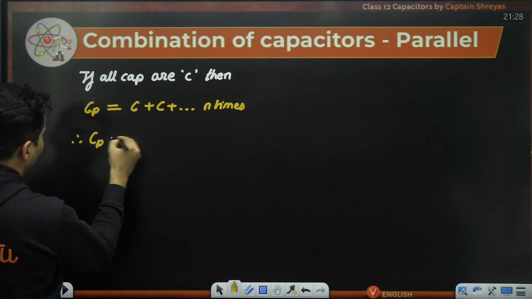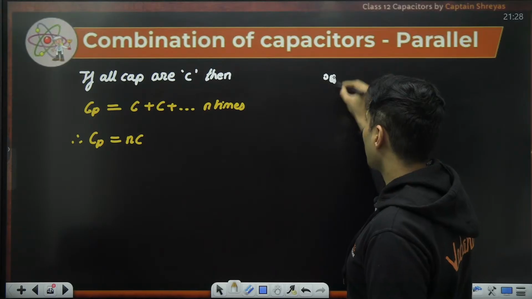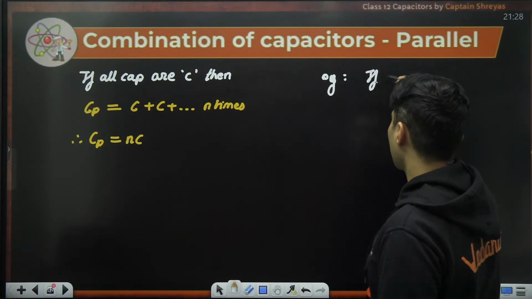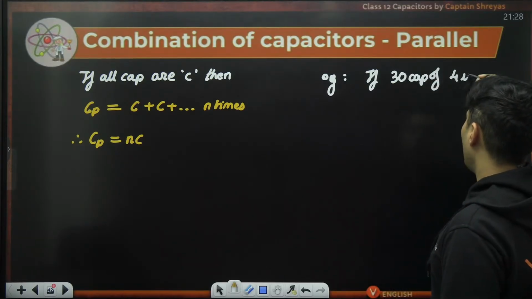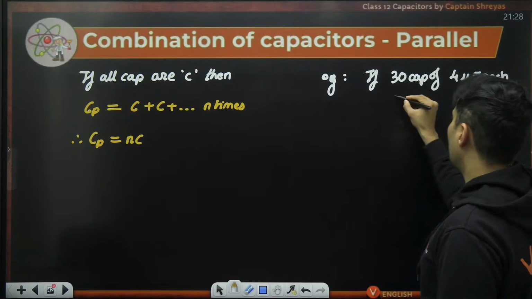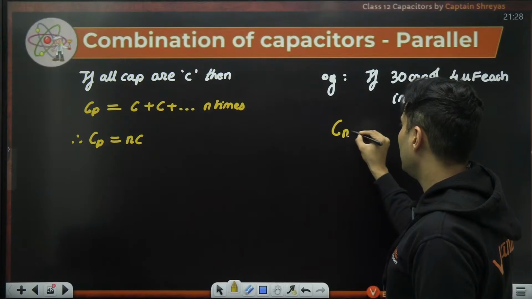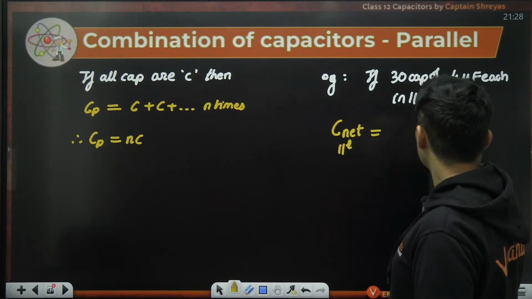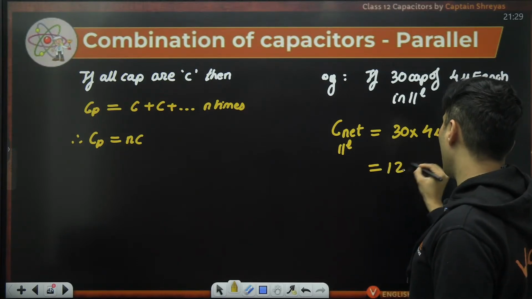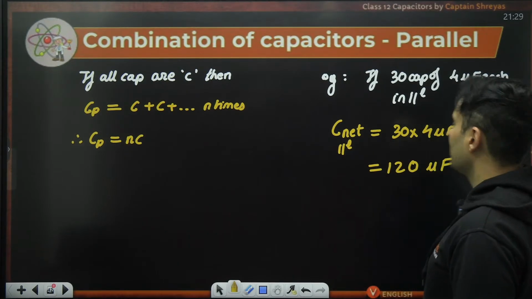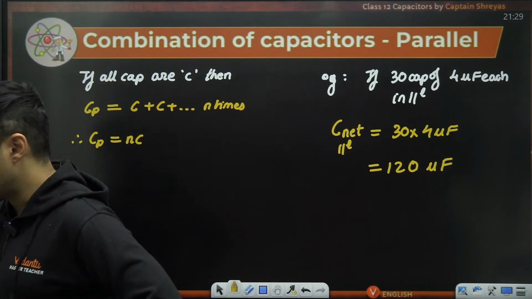So therefore, the net capacitance will be n times C. For example, if there are 30 capacitors of 4 microfarad each in parallel, just take the number of capacitors, multiply by 4 microfarad, 3 4s are 12, so 120 microfarad. That is what the answer will be. Absolutely clear, my dear warriors.